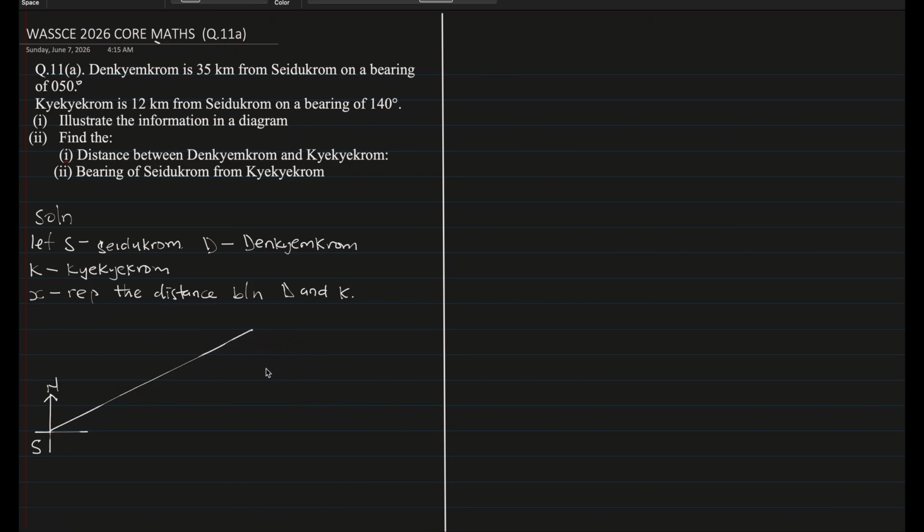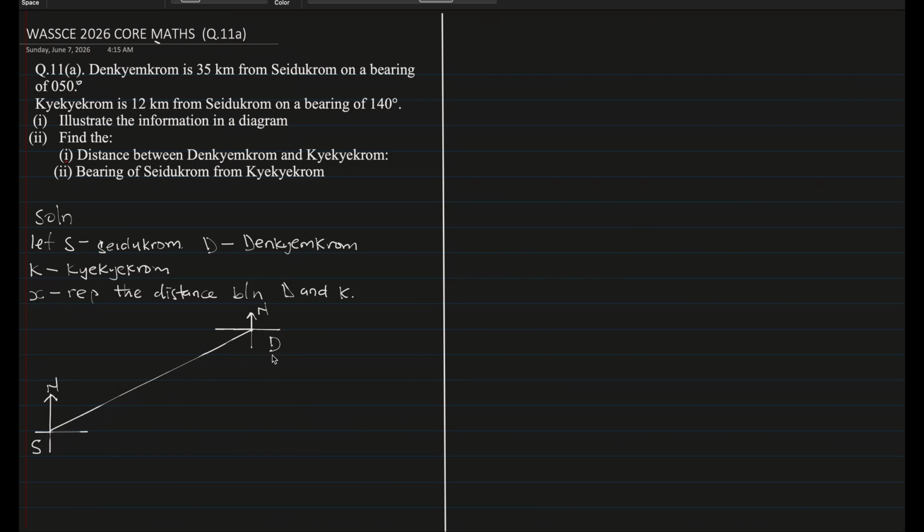At this point, let's also draw our reference point. You draw this line, label it as north, then draw the horizontal line as well to make the reference point. So from Sedu Krum, this road will take me to Denchem Krum.